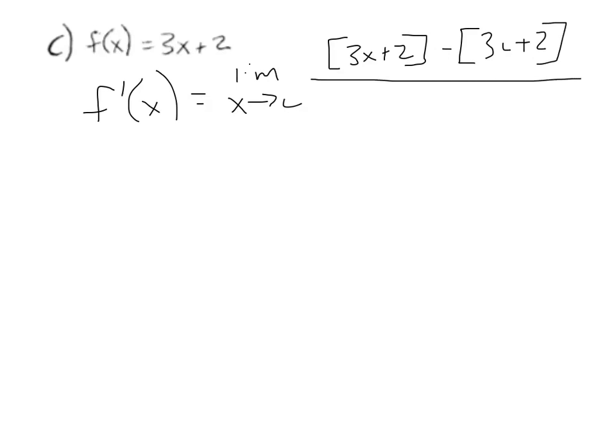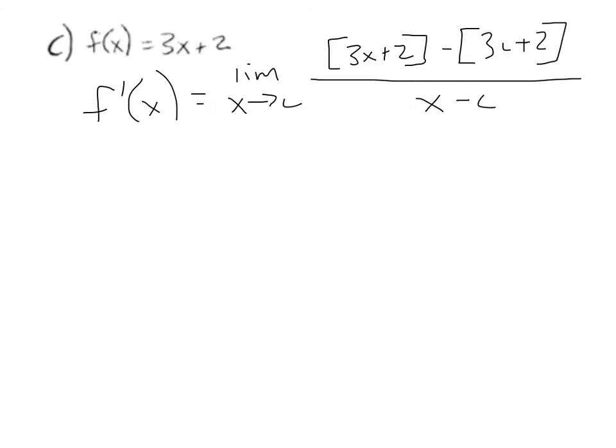Helps keep things straight, and on the bottom it's going to be x minus c. And so what we want to do eventually is plug a c in for all the x values as x approaches c. We can't do that down here because we'd end up with a 0, so I need to figure out a way to get rid of this, and that's where the algebra can get a little complicated sometimes.